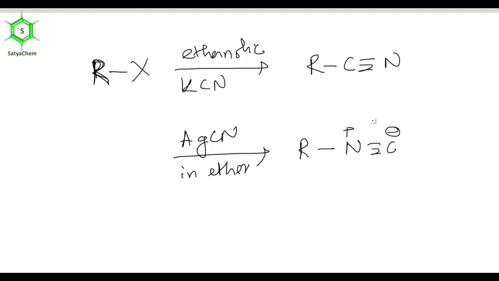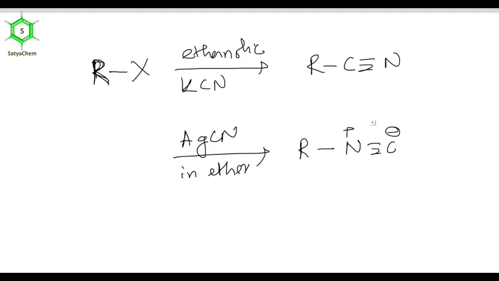Very typical examples. With KCN, you are getting one product. After treating it with AgCN, you are getting a different one. Let us try to explain this observation.